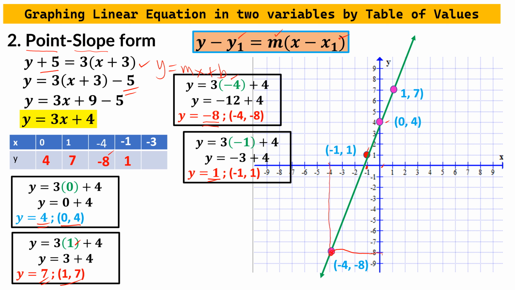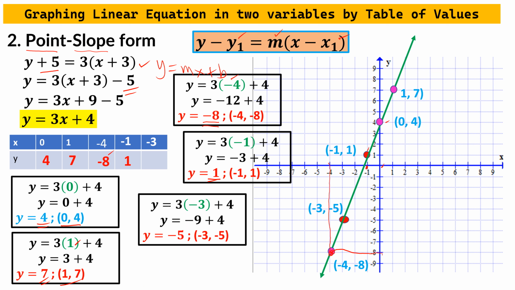Let us try the last value, which is -3. If x is -3, then y is -5. Let us check using the equation. So far it's correct. So how do we know if the line that we have found is correct?